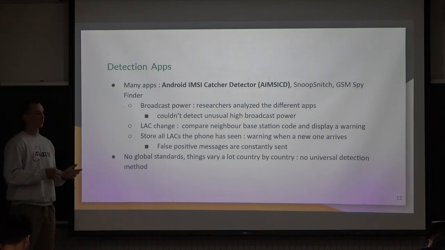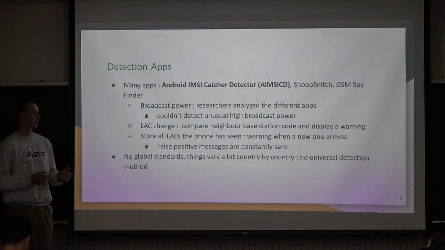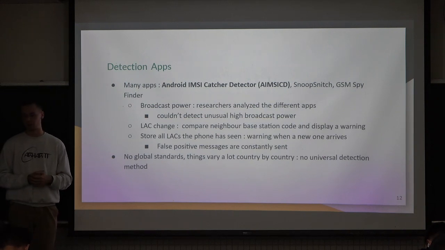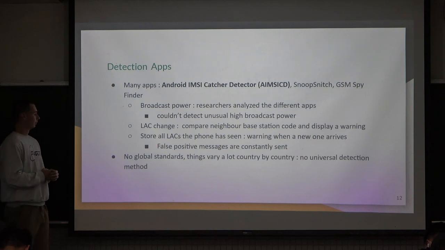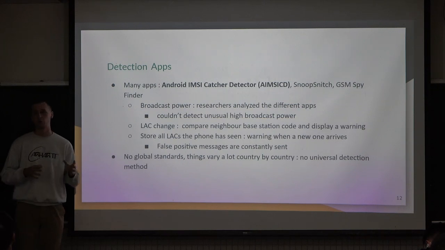But again, if you travel, you will see new antennas, so it sends false positive messages, and this is a problem. There are no global standards for cell phone communications, so this is why we cannot find a true solution to detect an IMSI catcher.